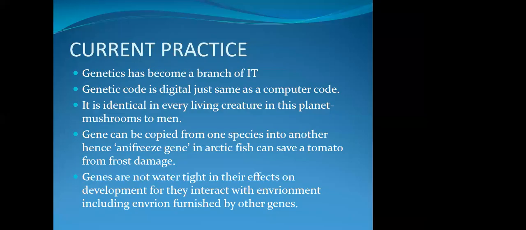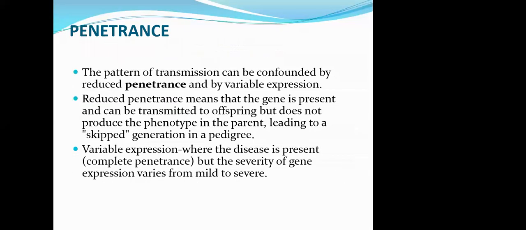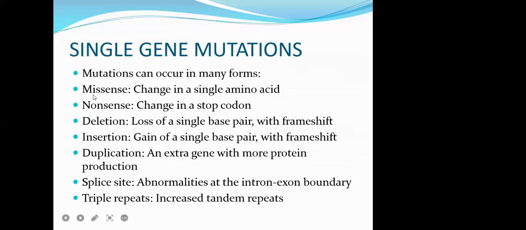So I go ahead again. A missense mutation is a change in a single amino acid. And remember, this single change will affect the resultant protein. Missense mutations have been seen in situations like sickle cell anemia.